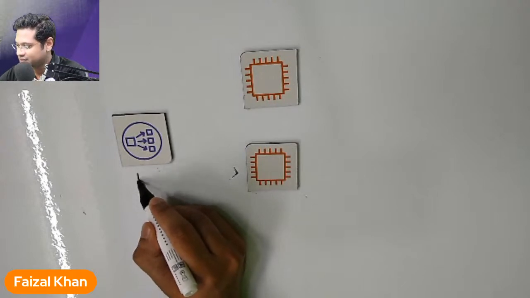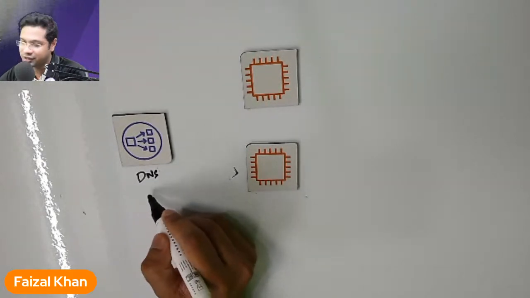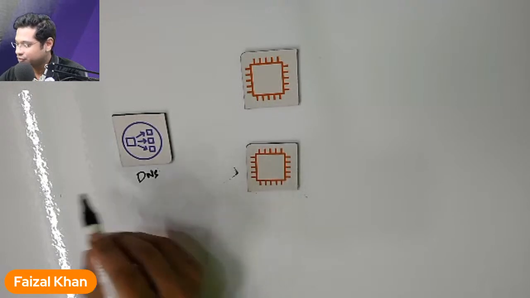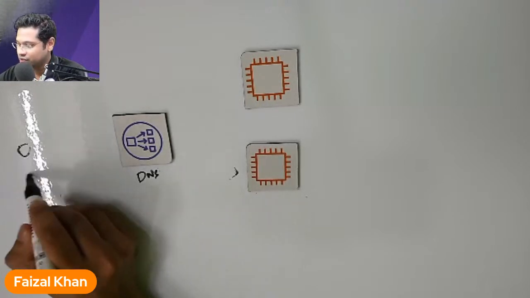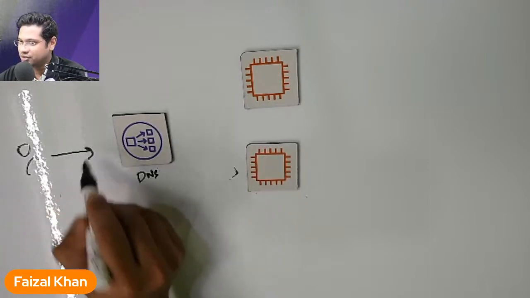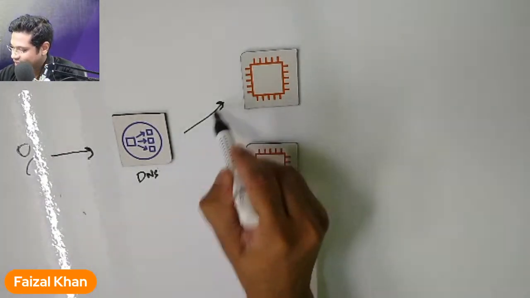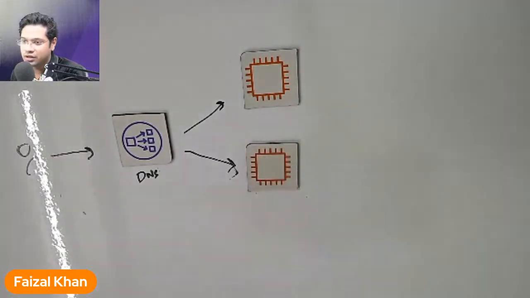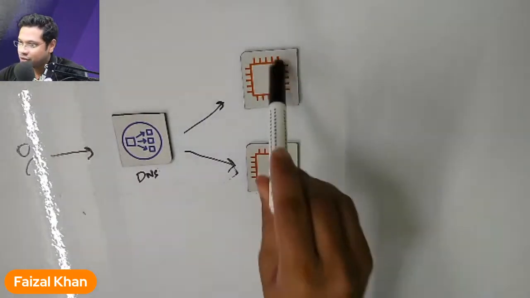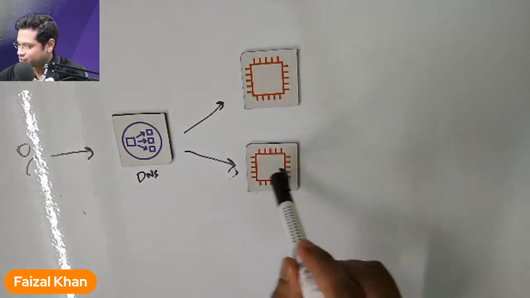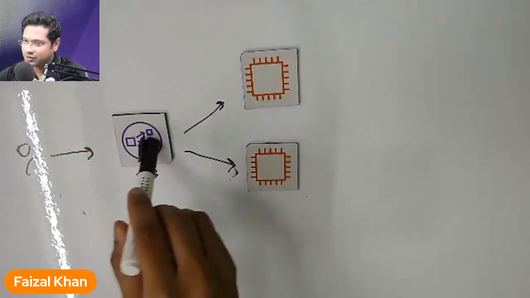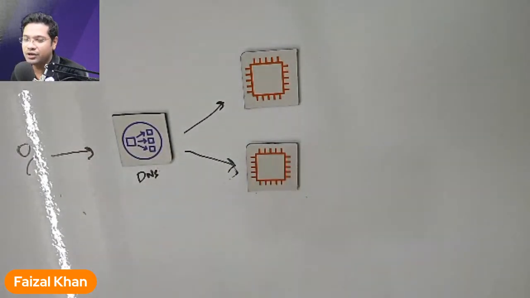In this case, let's just call it a DNS, right? But it will also have an IP address, right? So essentially what is happening is when someone tries to access your website, all of the traffic gets split between those EC2 instances, right? So you might have the same copy of your website on this instance as well as this instance, and then you will have the load balancer, which is splitting up all of the traffic across those EC2 instances.